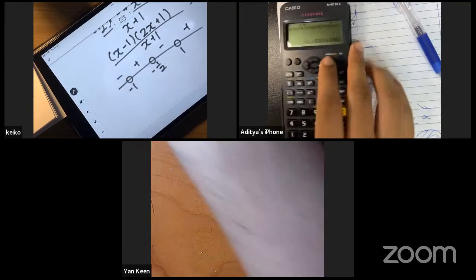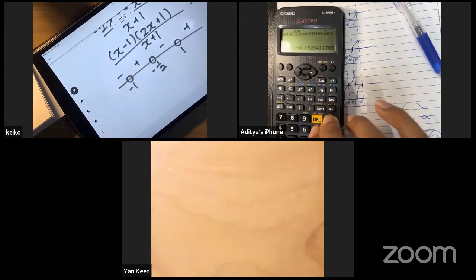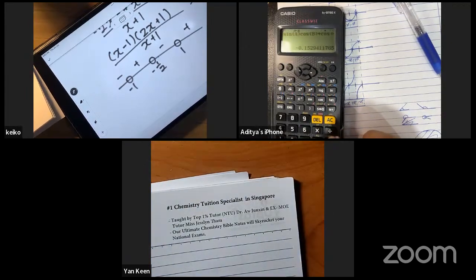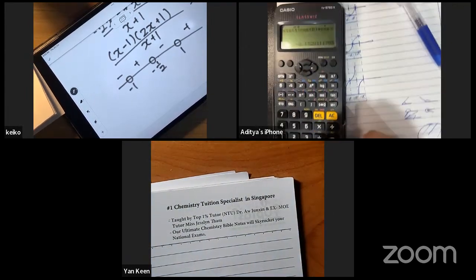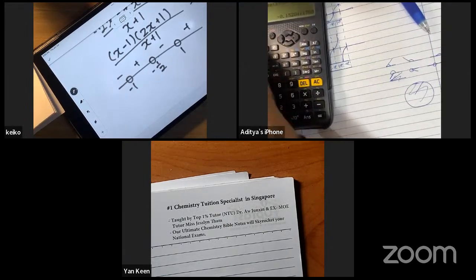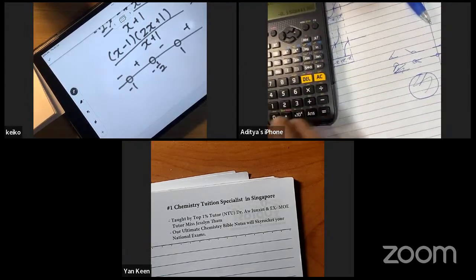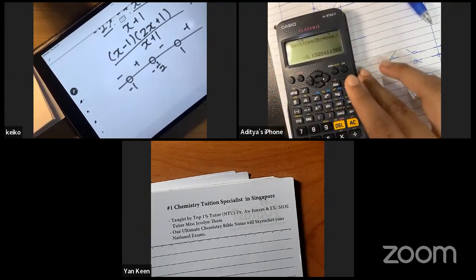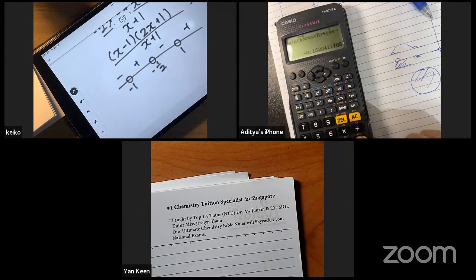Okay, so at this point, I'm going to copy pasting. So we're at the last stage. Let's say that everything is correct. Aditya, I would say that I'm probably expecting more of a nice fraction. Why are you not giving? The calculator should have given you a nice fraction, right?